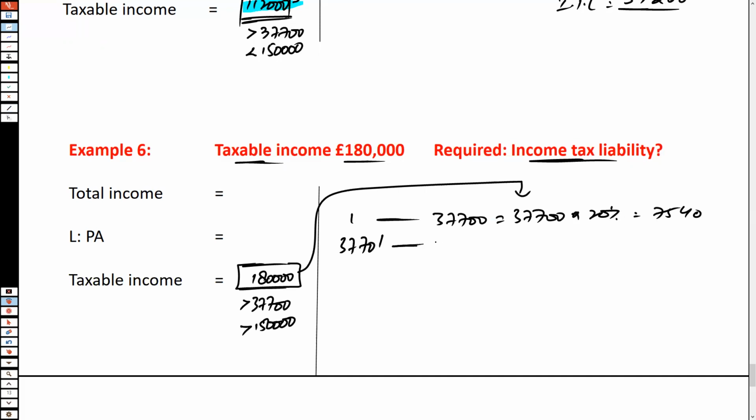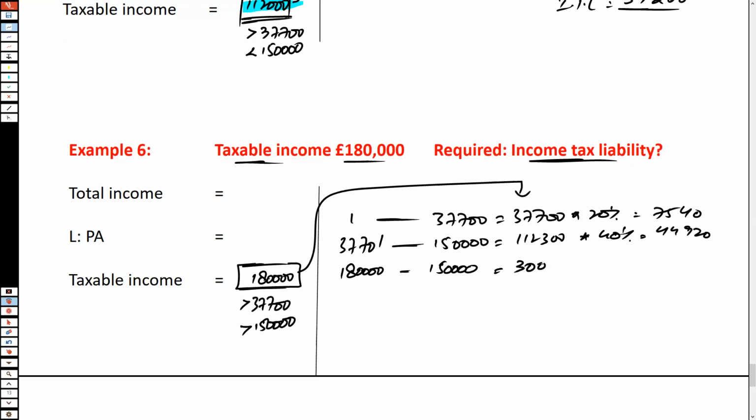How much amount is falling in the second band limit? The difference of these two is 112,300, into 40%, and 44,920 is calculated. In the third and final step, take the actual taxable income and deduct the 150,000 range.